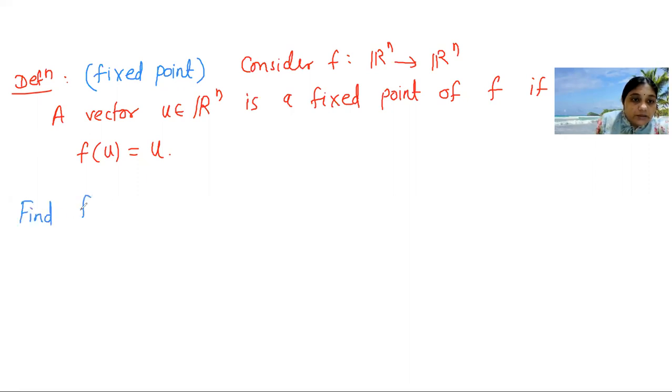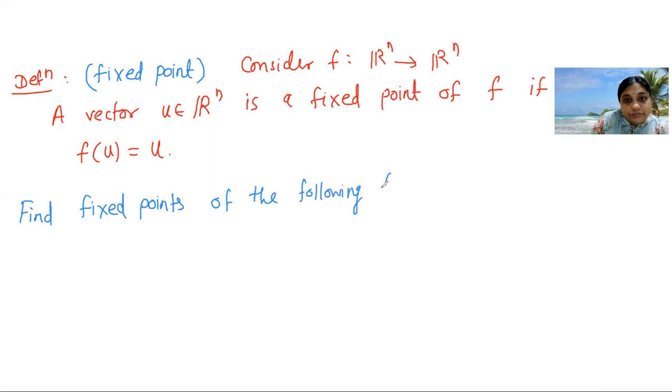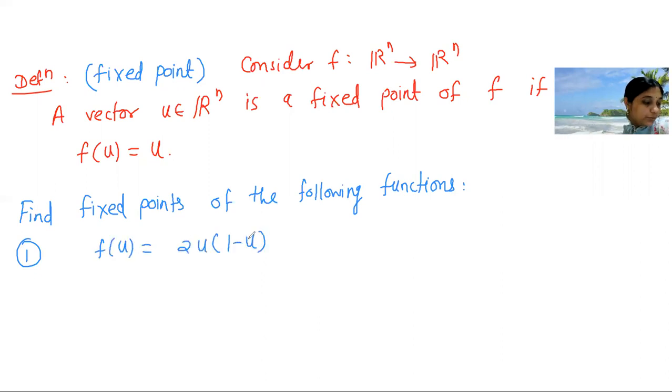Example: find fixed points of the following functions. First function, f of u is equal to 2u times (1 minus u). If I want to find the fixed point of this function, what do I have to do?